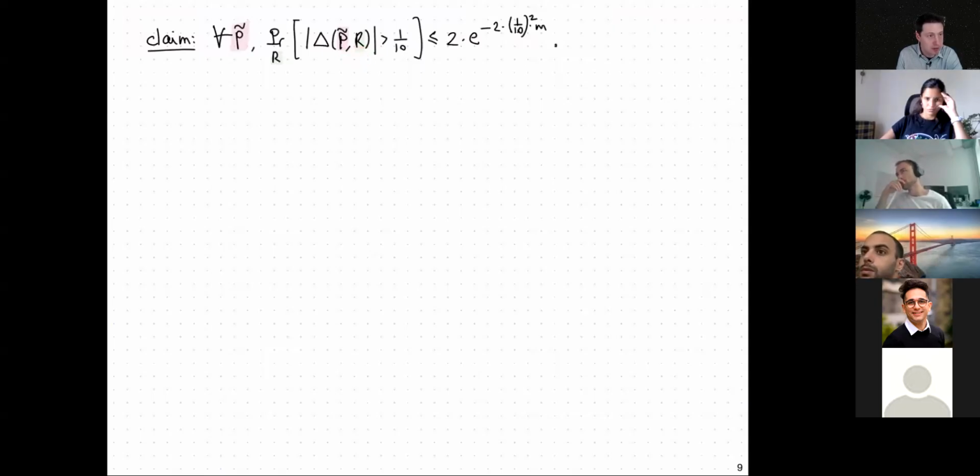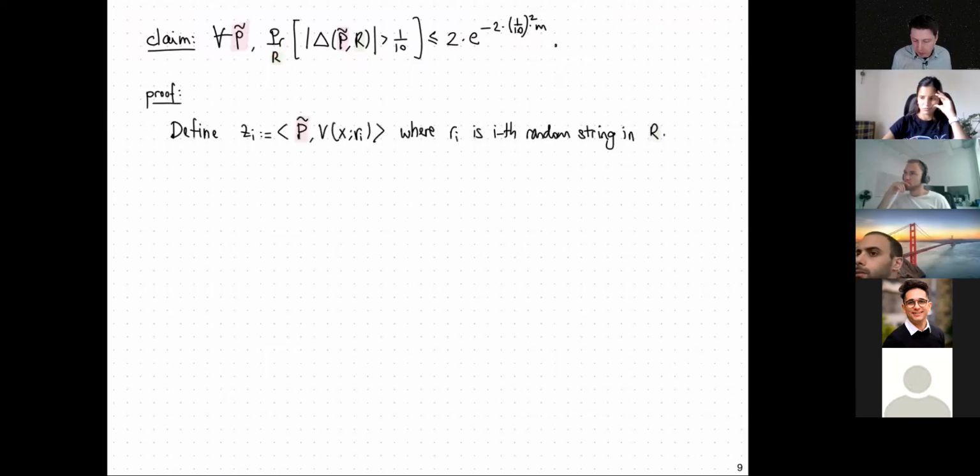So fix any P tilde; with high probability over R, it basically wins with the same probability. Intuitively, this is because R is representative. So the proof is we're just going to rewrite this as some Chernoff bound and then apply a Chernoff bound.